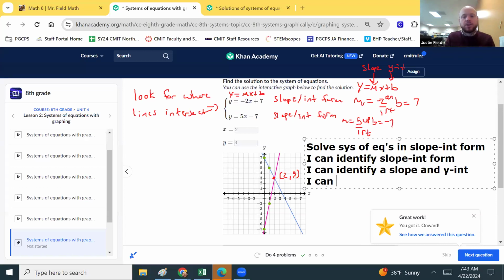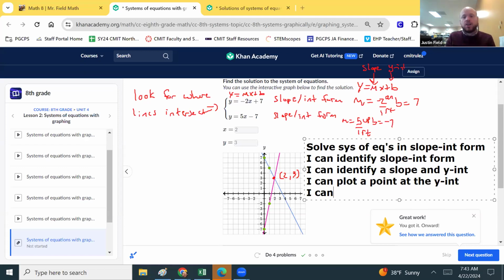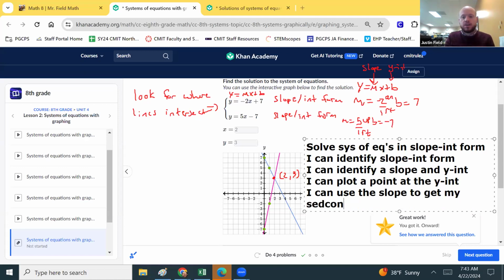Then I can plot a point at the y-intercept. Make sure you don't accidentally put the y-intercept on the x-axis, for example. And then I can use the slope to get my second point. Graph.